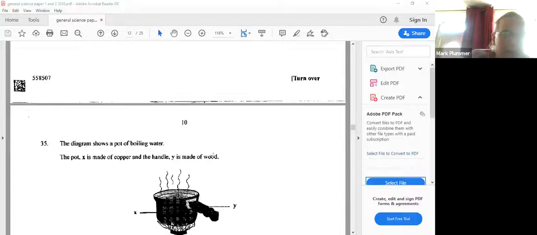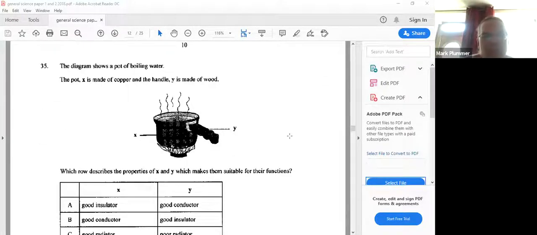Okay, number 35. The diagram shows a pot of boiling water. Pot X is made of copper and the handle Y is made of wood. Which row describes the properties of X and Y which make them suitable for their function? It's really asking you what the properties of copper and wood are in terms of how you're using the pot, in this case boiling your water, cooking your food.